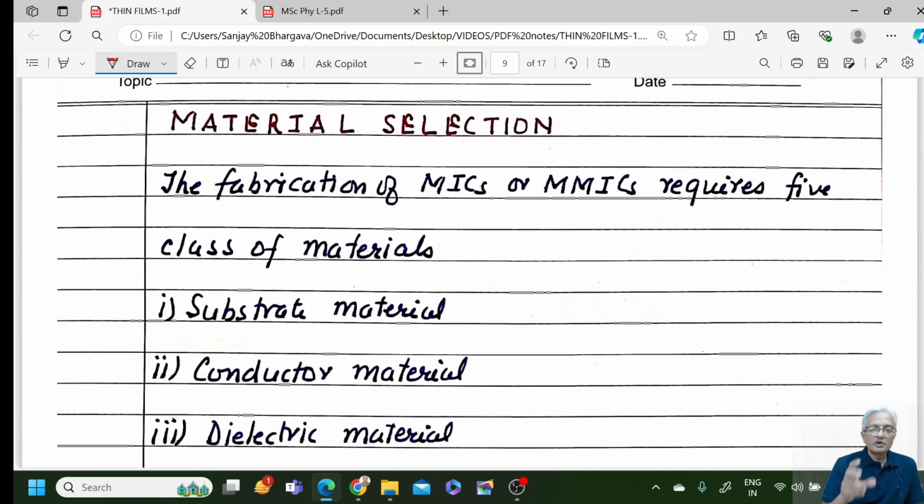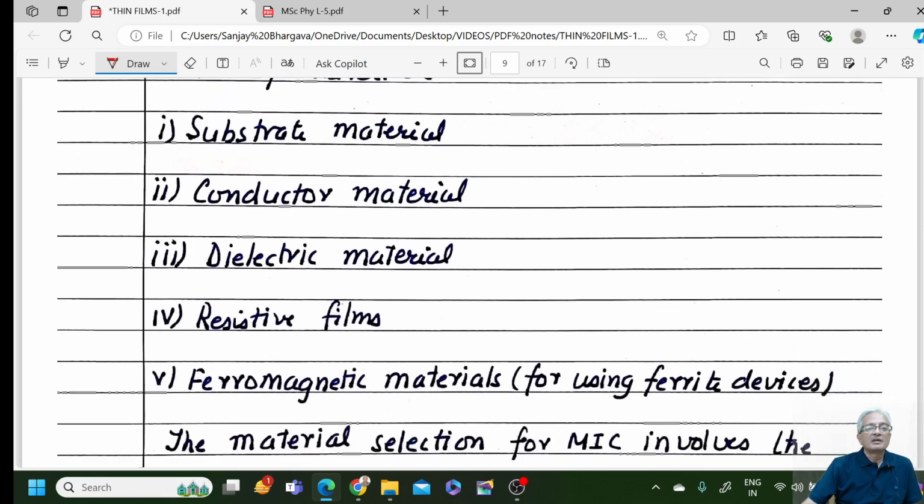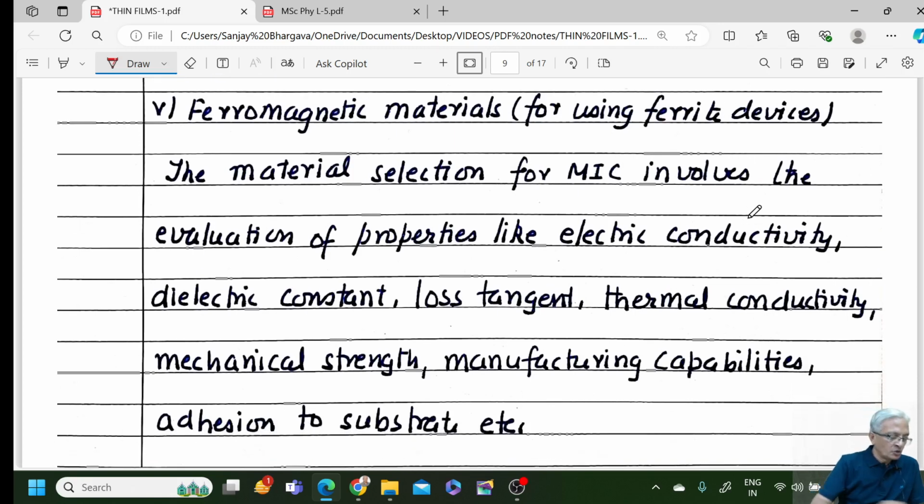Now the basic question that we need to address is, how do we make material selections for fabrication of MICs or MMICs? They require 5 basic classes of materials: the substrate material, then the conductor material, then the dielectric material, the resistive films and the ferromagnetic materials for using ferrite devices.